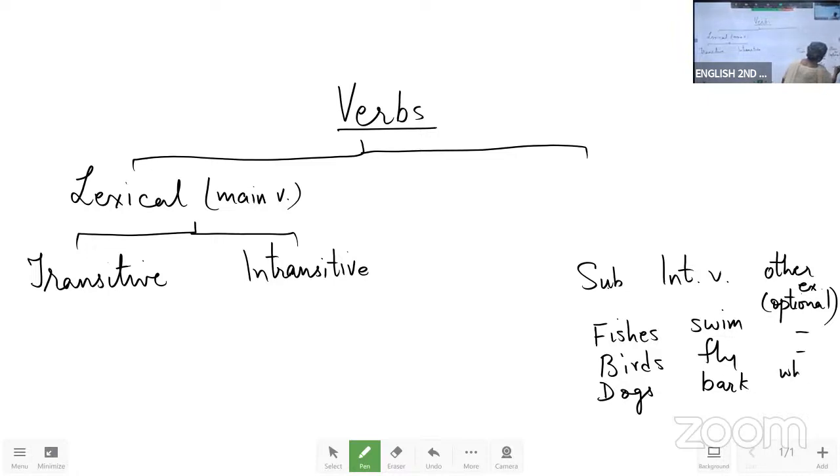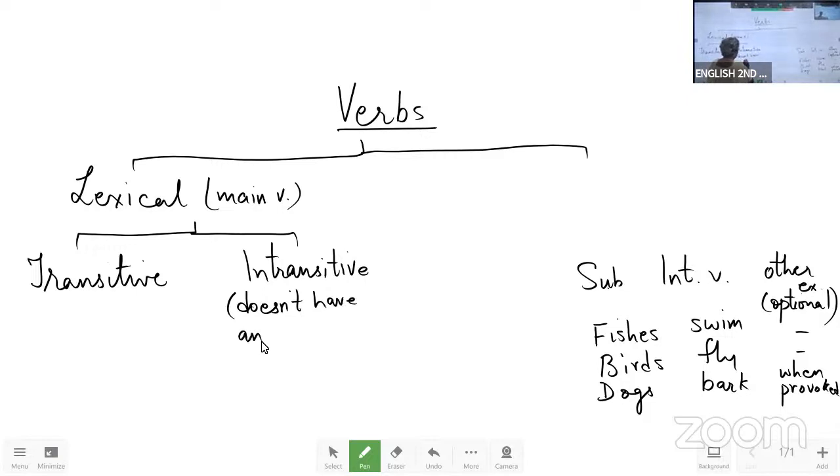Now, when provoked is not an object. That is what I'm telling you, children. When provoked is not an object, such a sentence is known as an intransitive sentence, because intransitive sentence doesn't have an object.